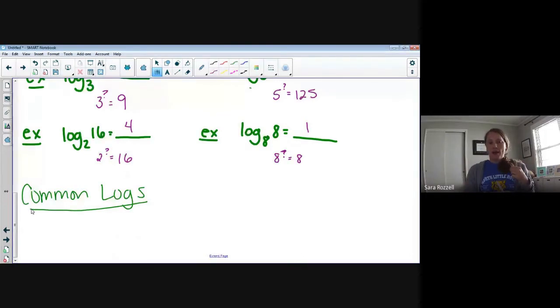So for these, if we have a base 2, we have to write the 2 to make sure we know it's a 2. If we have an 8, we have to write 8 for the base to be 8. If you have the word log and there is no base, there's an understood base 10. We use base 10 a whole bunch with logs. So just log with nothing, there's an understood base 10.